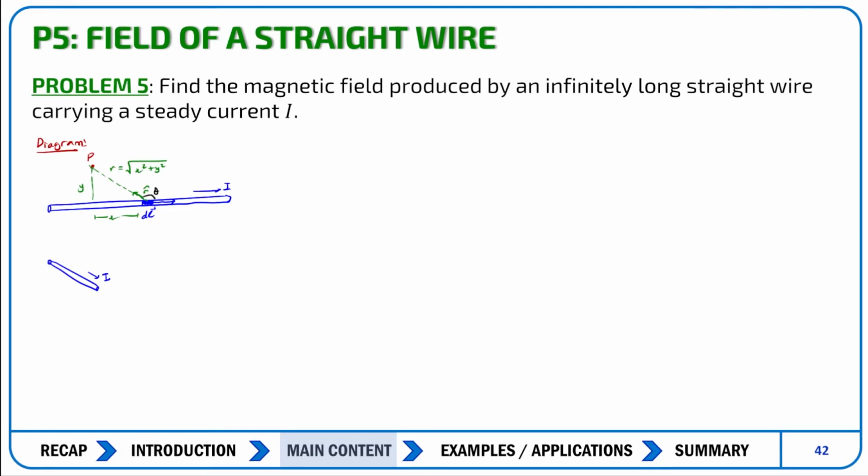Thumb points towards I and the fingers wrap around in the direction of the magnetic field. So we have this being the direction of the magnetic field. So over here, we can say that dB is pointing out.